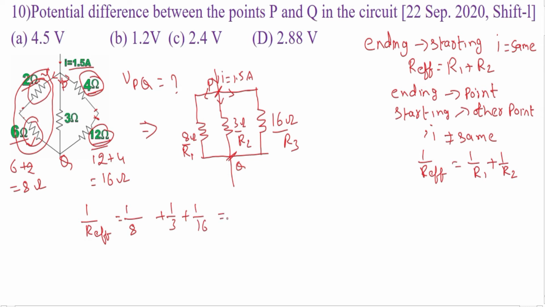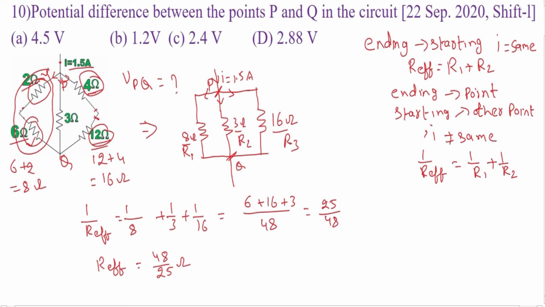If I solve this, the LCM is 48. Here I'll get 6, here I'll get 16, here I'll get 3. That is equal to 25 by 48, that is the value of 1 by R effective. Then the value of R effective will be 48 by 25 ohm.